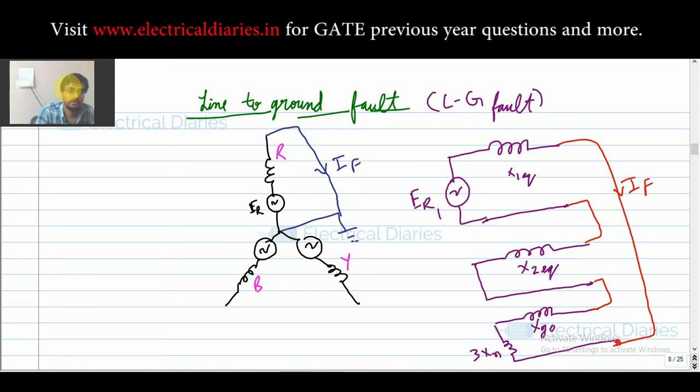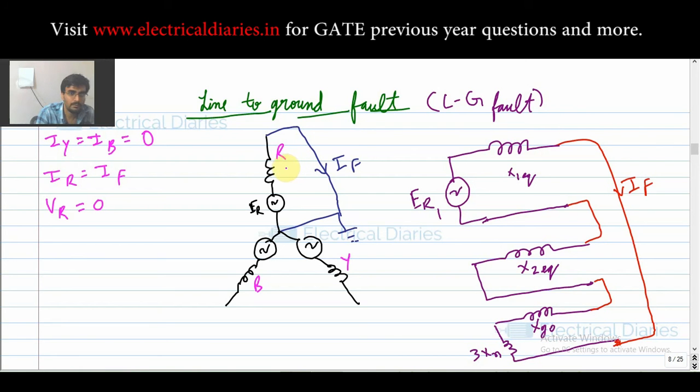So your IY equal to IB equal to 0, and your IR is equal to IF. This is when the fault occurs. And your VR is equal to 0. VR is the terminal voltage at R phase. As it is shorted, your VR will become 0. So these are the things that we could conclude.